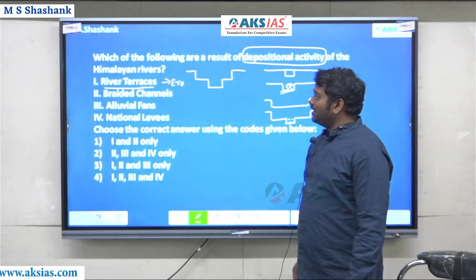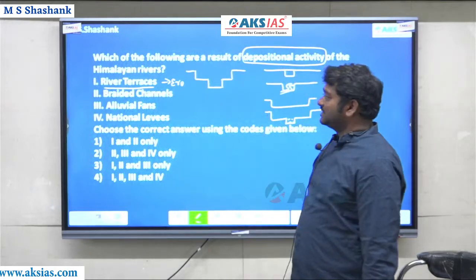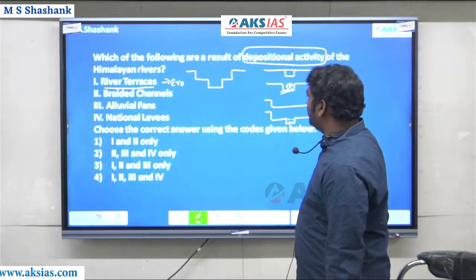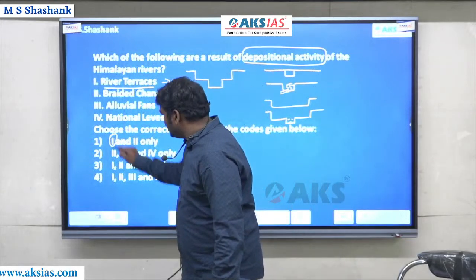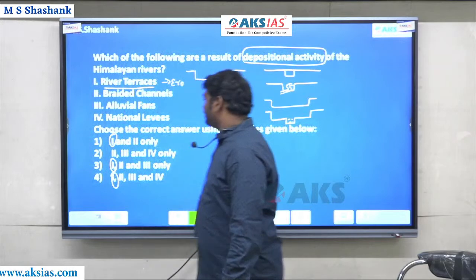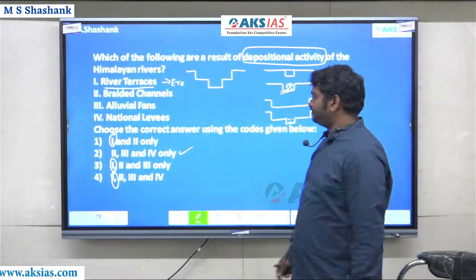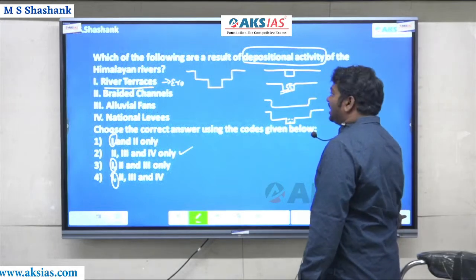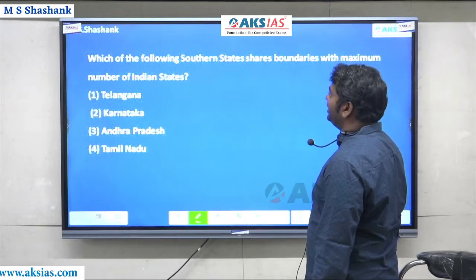So if you see the denudational factors, erosional features, directly this is being picked. That's why we keep repeating, please read NCERT books again and again. And if I remove option 1, the only option that is available is 2, 3 and 4. If you get any doubts in between, feel free to ask.